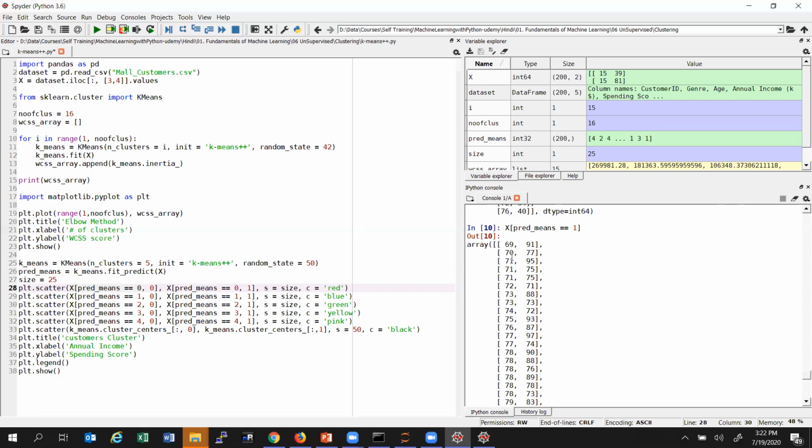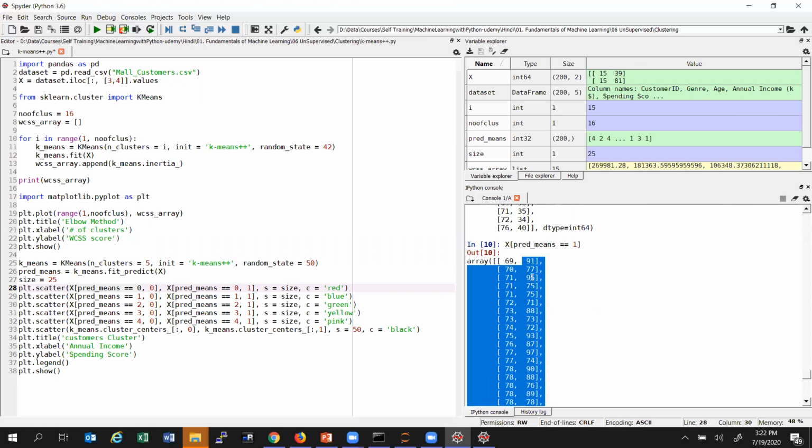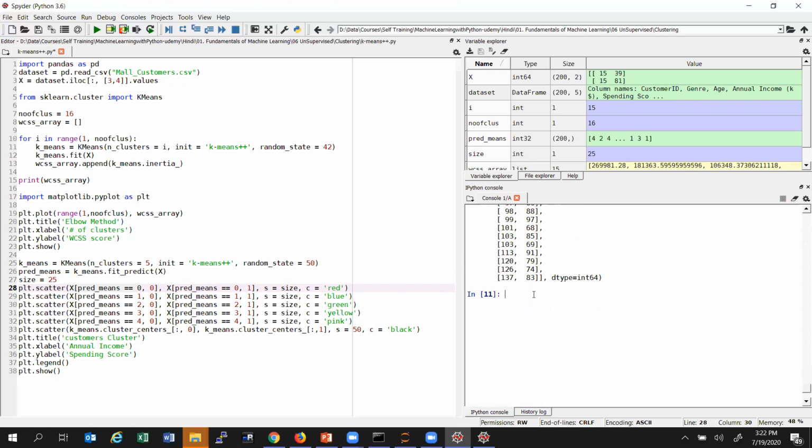So here you see, looks like this is the cluster which is having people who spend most, cluster 1. So don't think that cluster 4, the highest cluster number, has people spending more. It's not related to the cluster number.